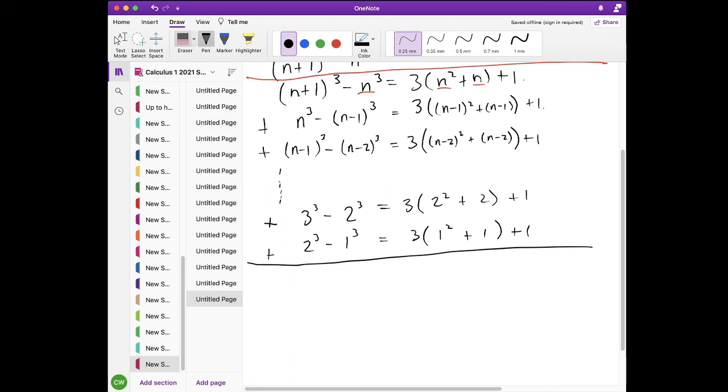Can you see things that cancel? Yeah, all that's left is n plus 1 cubed minus 1. Because all these intermediary terms cancel from the line before it. But 1 never gets canceled, and n plus 1 cubed never gets canceled.